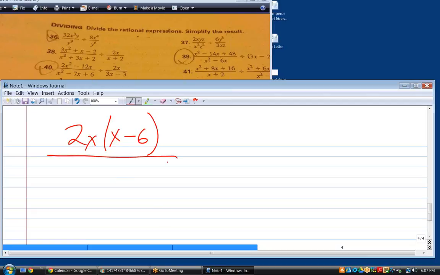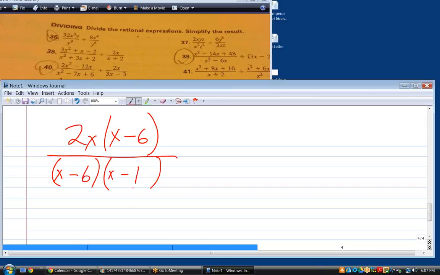And the bottom left denominator factors. So x and x minus. Remember, your second step is to determine both signs. Yeah, so it would be both minuses. And then 6 and 1.